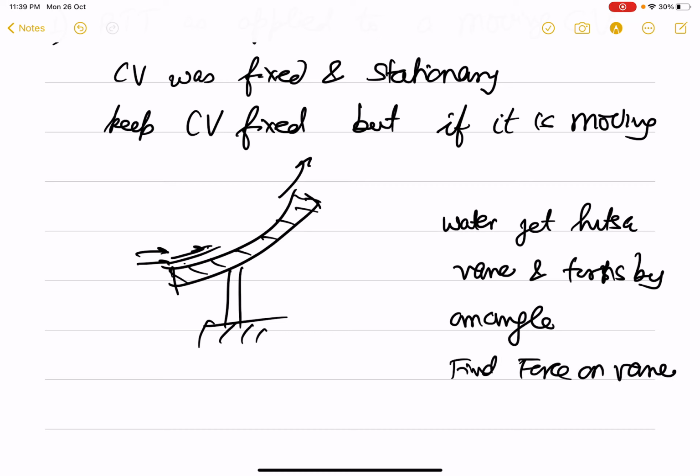In this problem, we'll use the continuity equation, if this is V1, V2, so this will give us V1A1 is equal to V2A2.